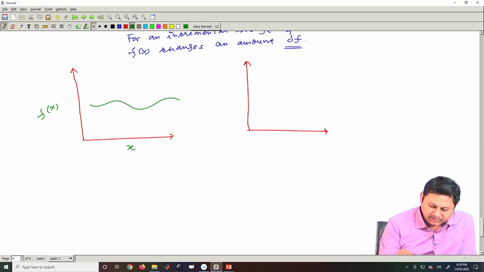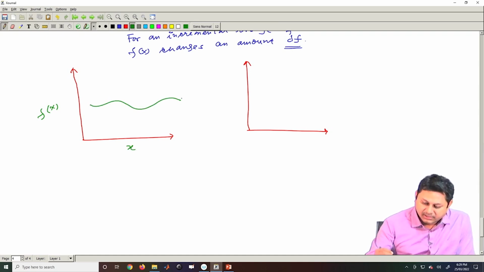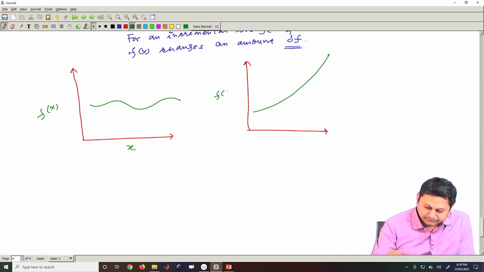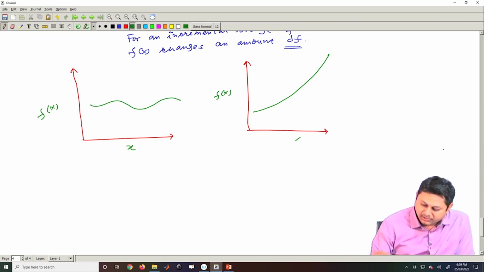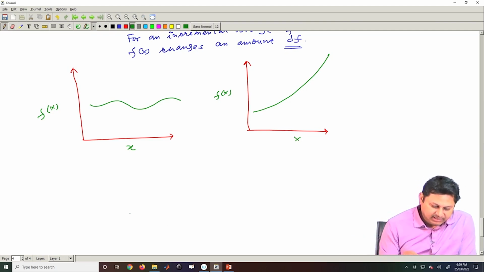Suppose the function is changing like this, and in the other case the function is changing like this. So, this is x. In this case the function varies slowly.